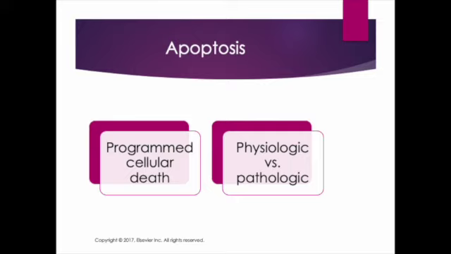Think of a situation where the injury is going to exceed the repair mechanisms and the resources. It can also occur when there's an accumulation of proteins or genetic mutations that are not correct or are damaged by free radicals. It can be caused by infection or obstruction of tissue ducts and organs that lead to pathologic atrophy. And this is also going to result in apoptosis.